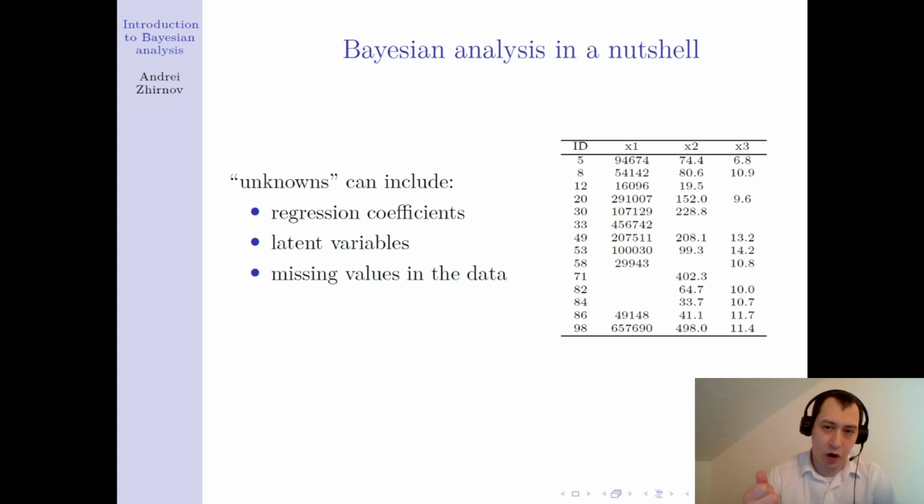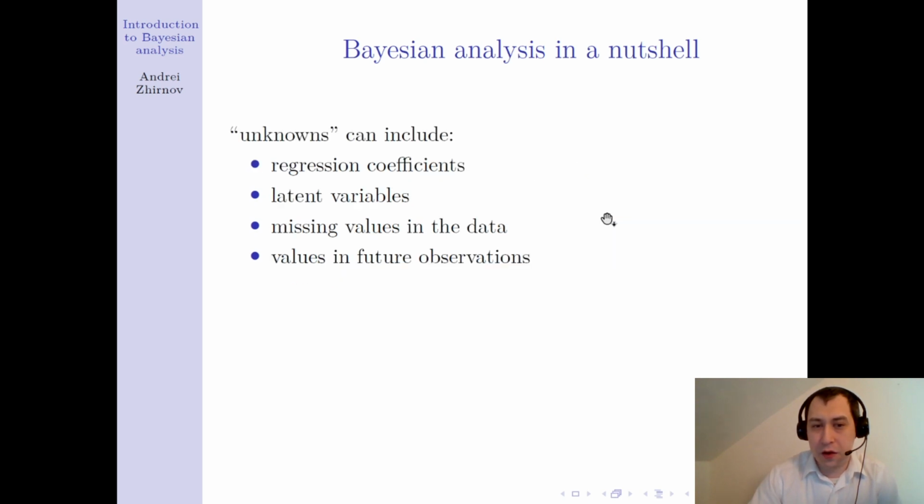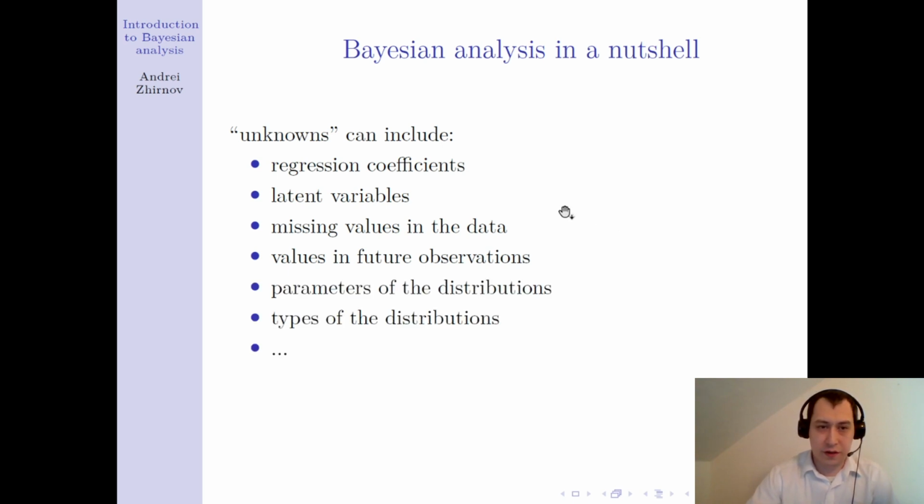Likewise, if we want to make predictions about the values of the variables in the future observations, in the observations that we have not observed yet, then those are also going to be unknowns. We can also treat as the unknowns the parameters of the distributions that we use in our models, and even the types of the distribution that we choose to use in our analysis.